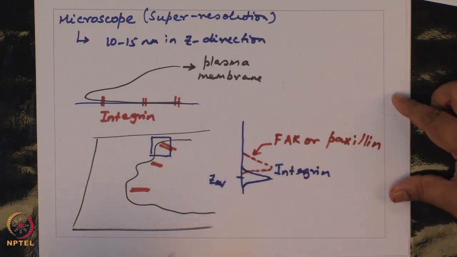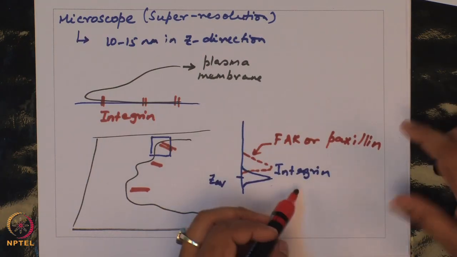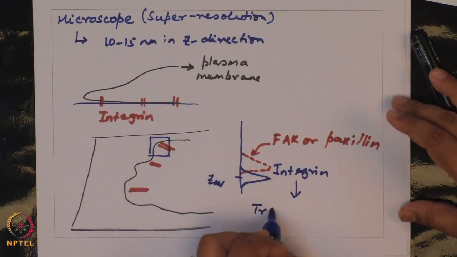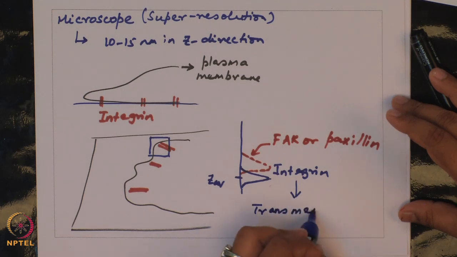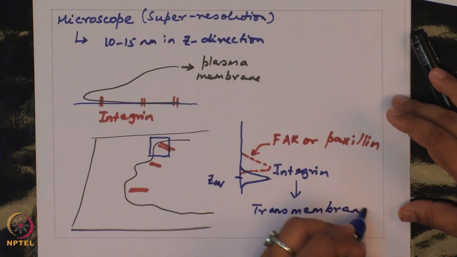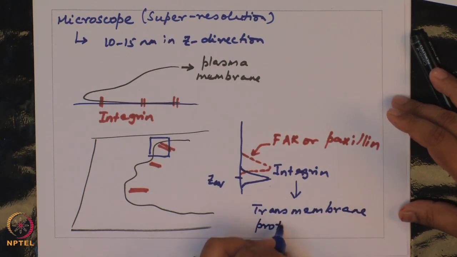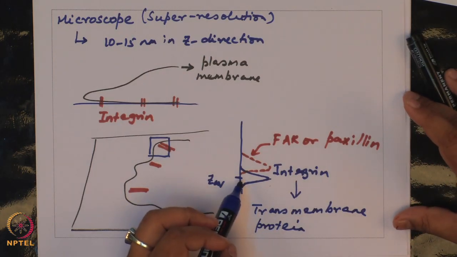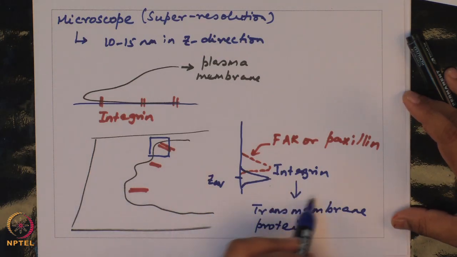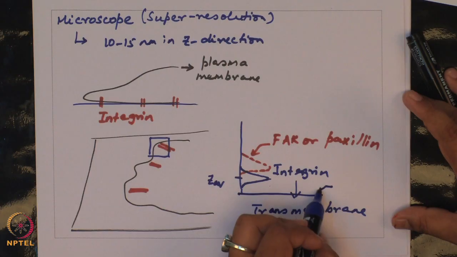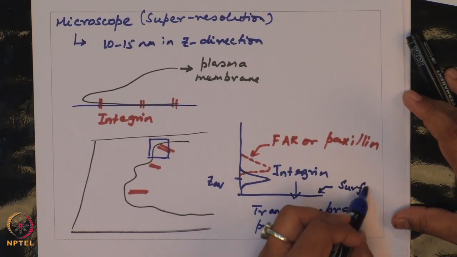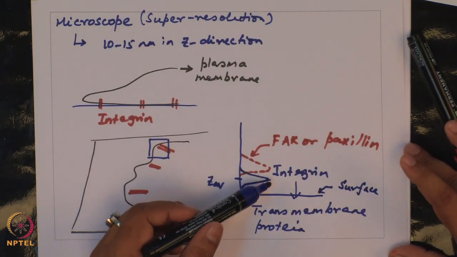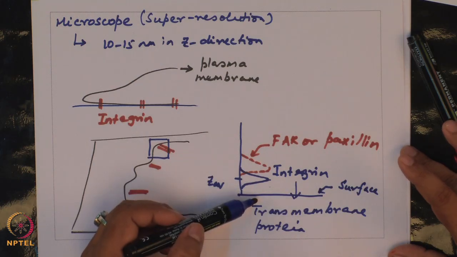So, why is this expected? For the simple reason that integrin is a transmembrane protein from the surface. Let us say this is my surface. Of all the focal adhesion proteins, integrin should be the closest to the surface.